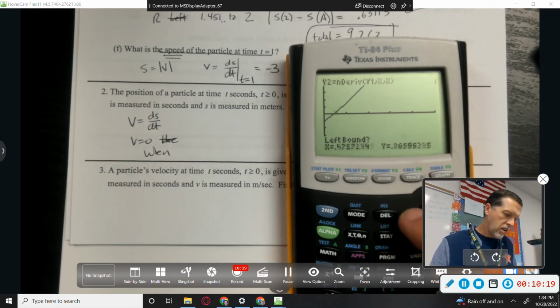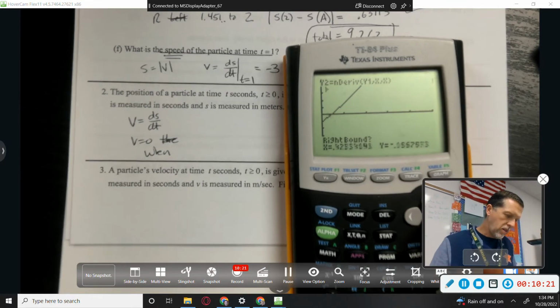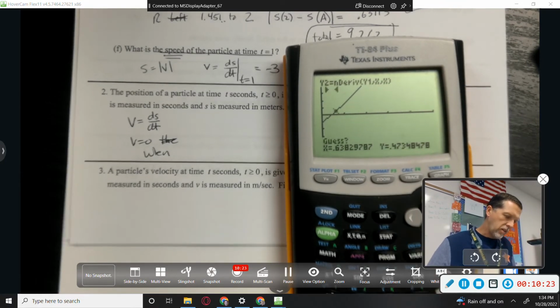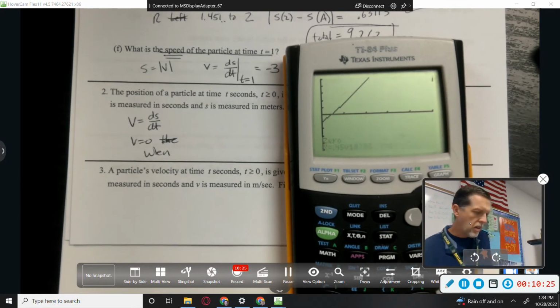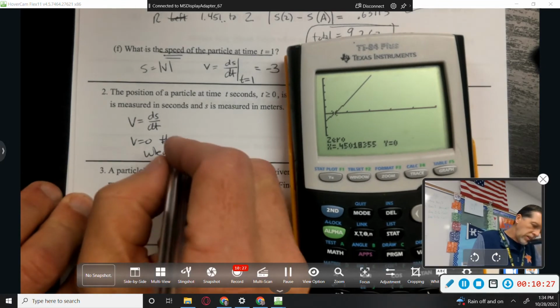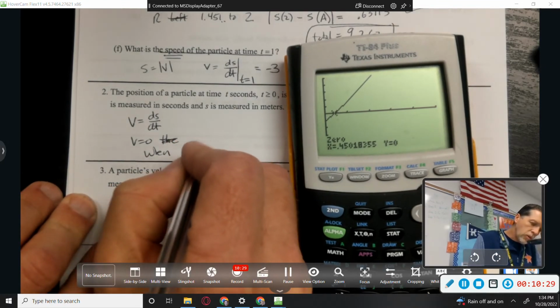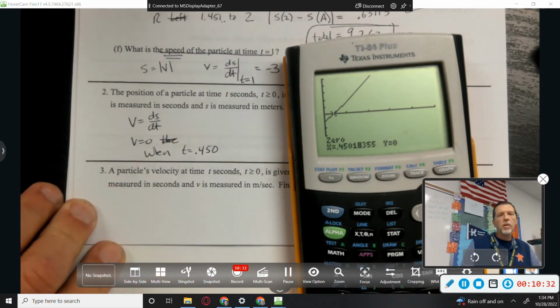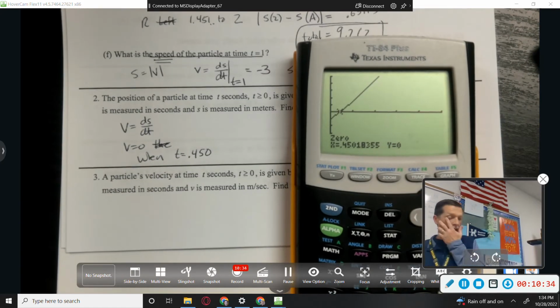Get there. Left bound, right bound, enter. And t equals 0.450. But I think I'm going to need to use that again.